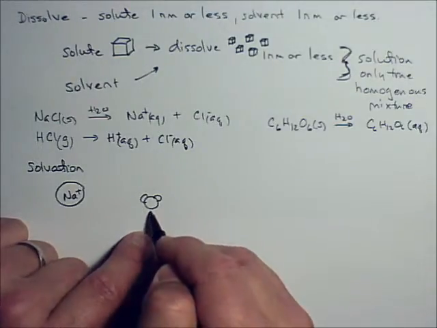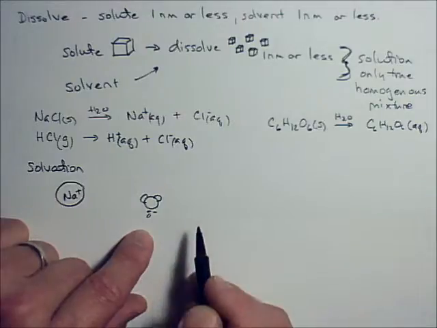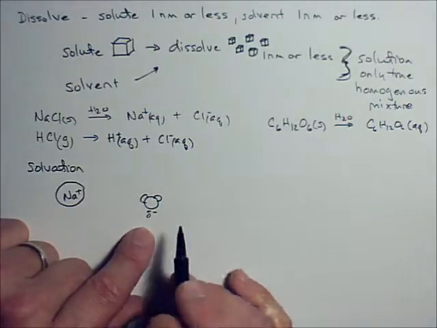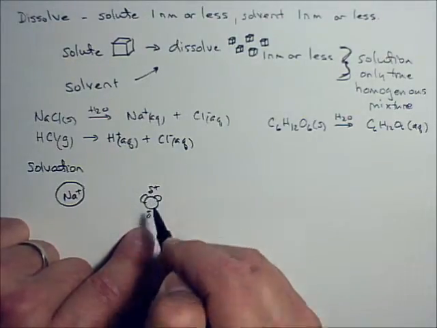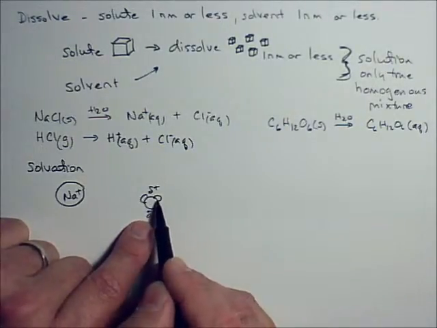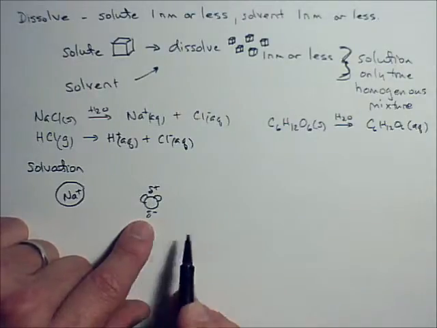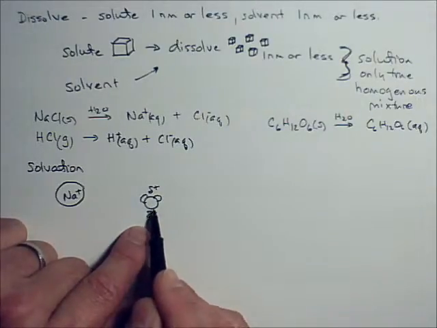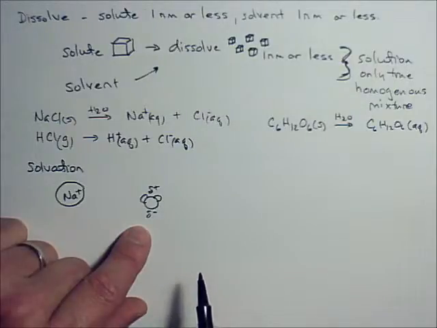So we've got a partially negative end on this side of the molecule where the oxygen is, and a partially positive end on this side where the hydrogens are located. Remember, where the 2 hydrogens are located, that's positive, and where the oxygen is located, that's negative.